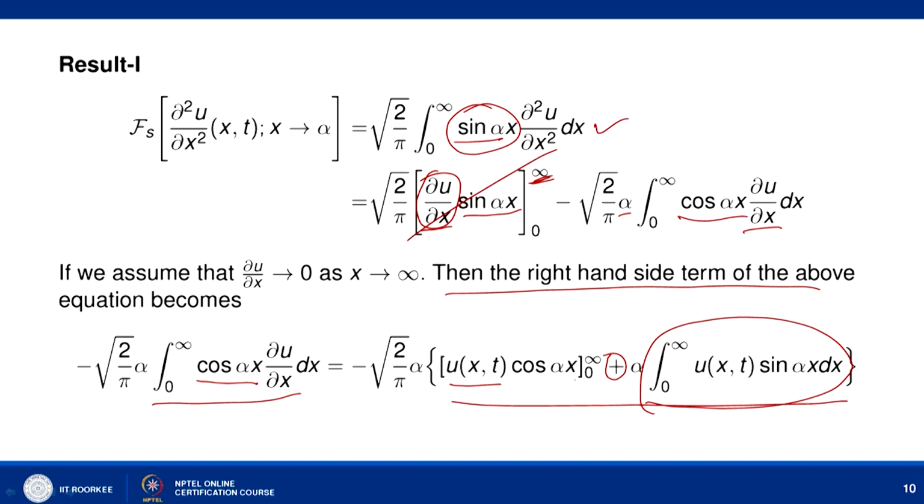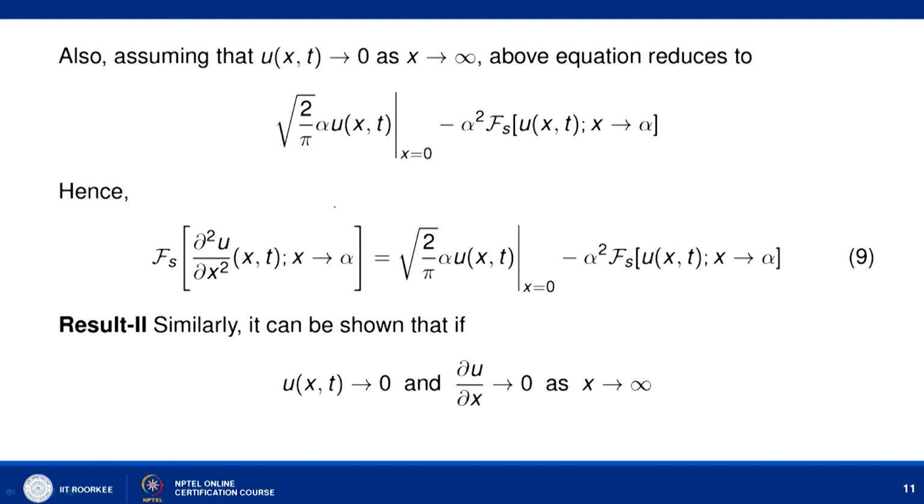And again since we have assumed that u is tending to 0 as x tends to infinity, this term is going to be 0. So the only thing remaining is at x equal to 0, u(x,t) cos(αx). The boundary value at x equal to 0 is now given by this.